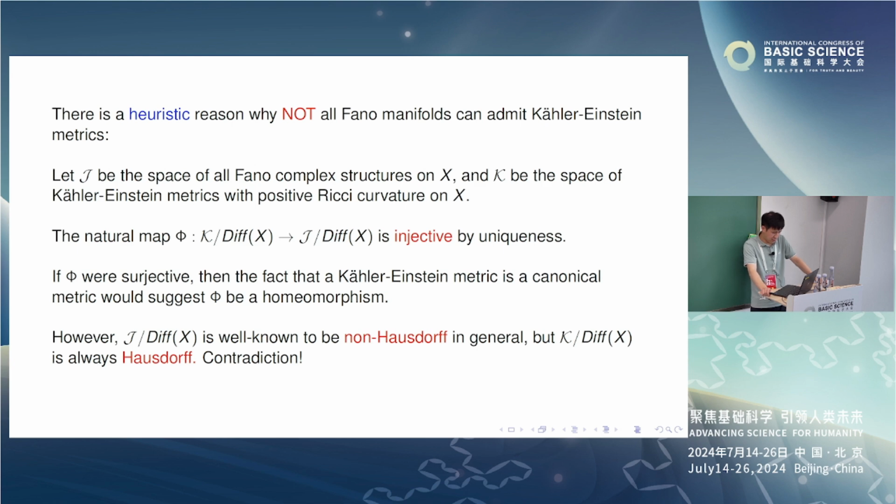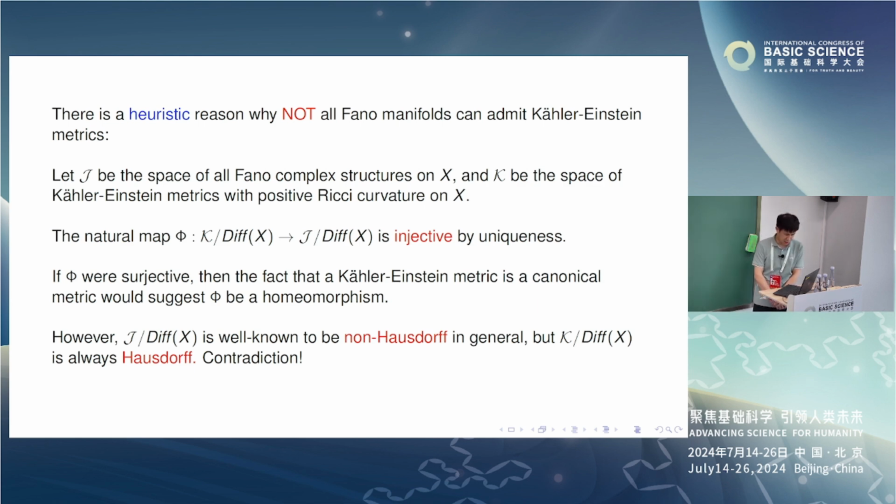So you have a map from the K, a moduli space, to the moduli space of complex structures. Because we have uniqueness, this map is injective. So we claim that this map phi should not be surjective.